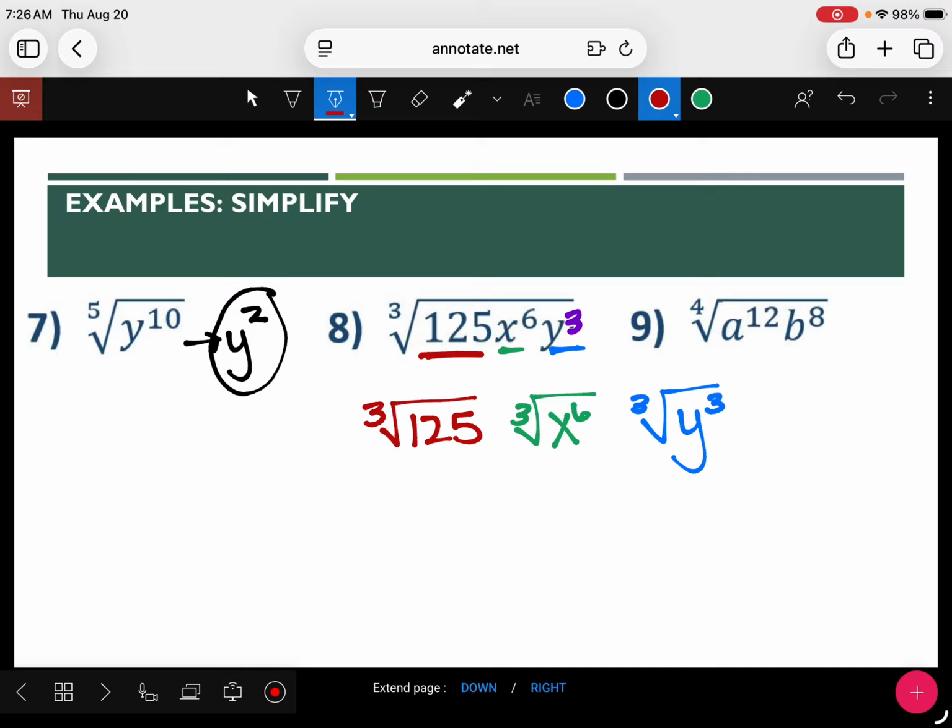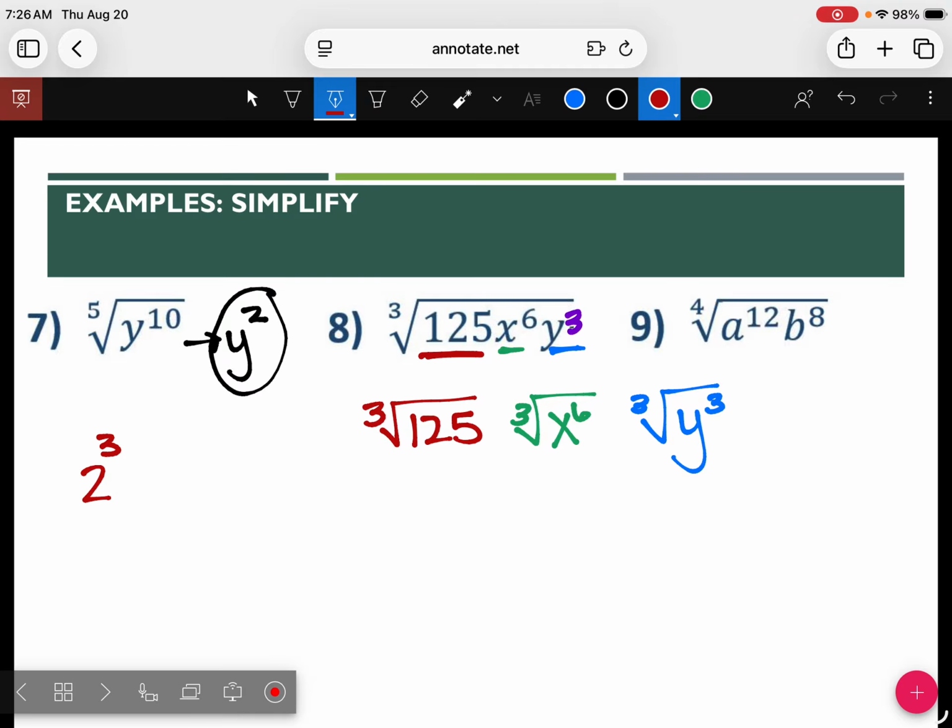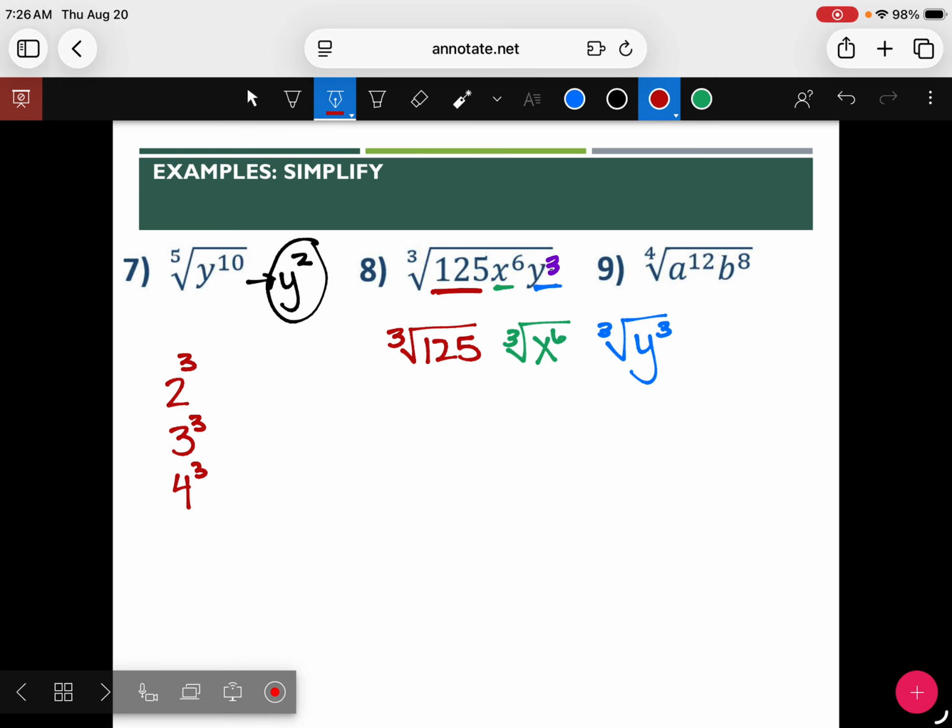So in your calculator, let's just find these. 2 to the 3rd, 3 to the 3rd. You may recognize what it is already, but go ahead and find these. I don't count 1. We don't use 1. 1 to the 3rd is 1. It doesn't matter how many times you multiply 1, it's going to be 1. All right, go ahead and find those 5 numbers real quick.